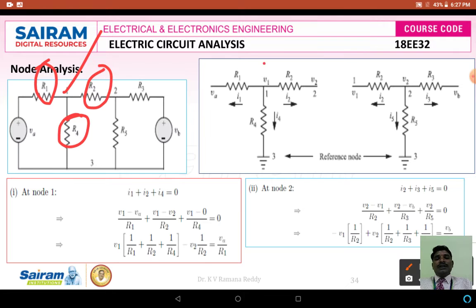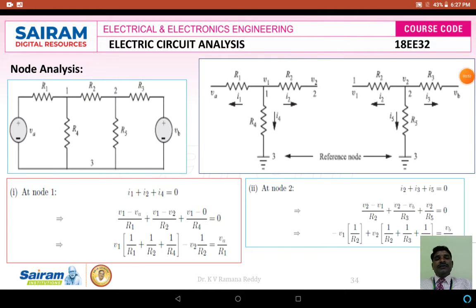Imagine that there is a voltage V1 between node 1 and the reference node, node 3. I consider an unknown voltage V1 at node 1 with respect to node 3, and I want to find out the voltage across node 1 with respect to node 3.